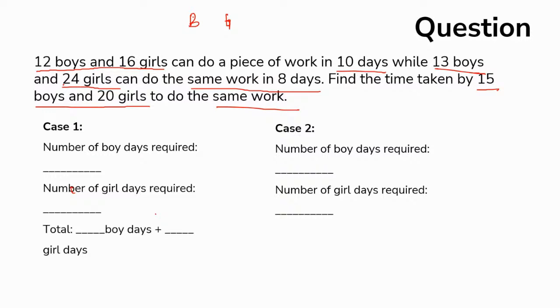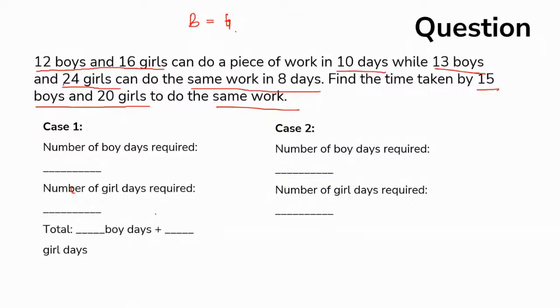Before converting boys into girls, you should know how many boys are equivalent to how many girls, or how many girls are equivalent to how many boys. Then only you will be able to convert it.